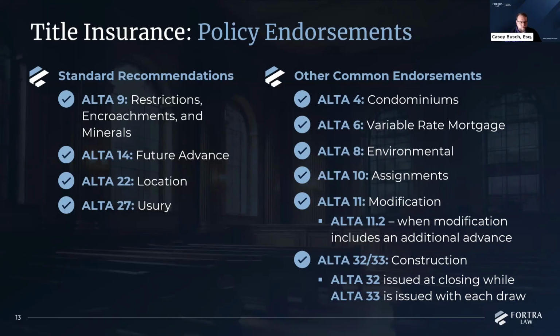And the Alta 14 is very helpful because it's not just for construction loans. Title companies often say that, but it's for future advances, meaning if you have to cover taxes in order to keep your lien in place, or if you have to pay a senior lien holder to keep your lien in place, those future advances are going to be covered by an Alta 14.